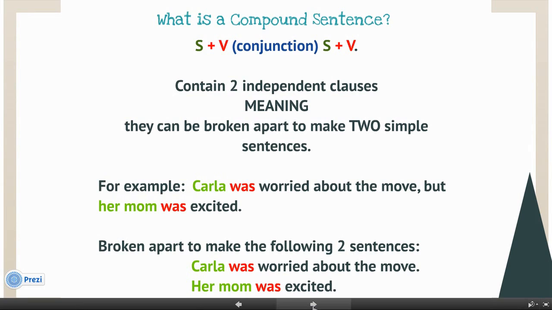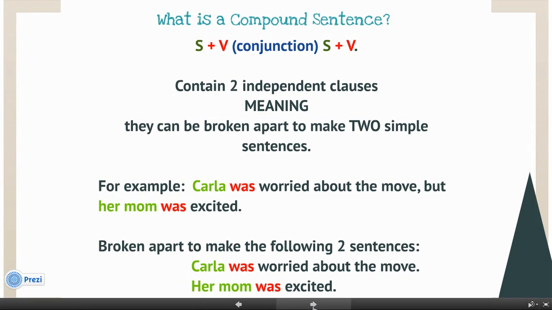For example, it says, Carla was worried about the move, but her mom was excited. So in this sentence, we have Carla, which is our subject, and was, which is our verb. These are only the first subject and verb. We also have another subject and verb within that same sentence. And the second subject is her mom, and the second verb is was.